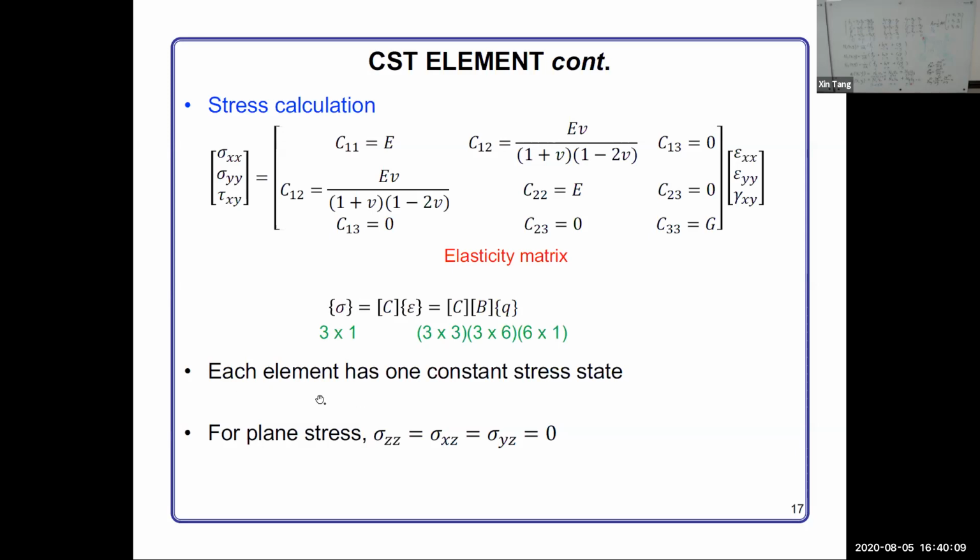Every element will have one constant stress state, so the normal stress and shear stress are all constant. And of course, we don't have a Z component; we only have plane stress, so stress exists only in the XY plane. This condition is called plane stress.